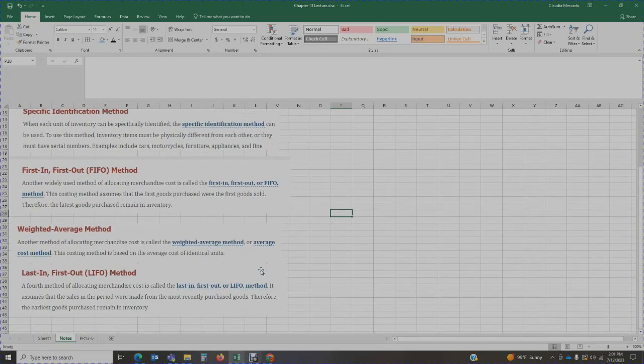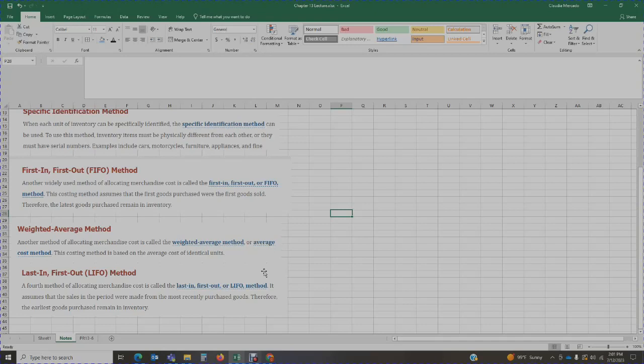Okay. Under the weighted average method, this is another method. Under this method, the costing is based on the average of the total merchandise that we have. Okay, the costing method is based on the average cost of identical units. Now we have to be dealing with the same unit, and even though the pricing can shift because of course market changes, we have to be talking about, we are selling bicycles, or we're selling hammers.